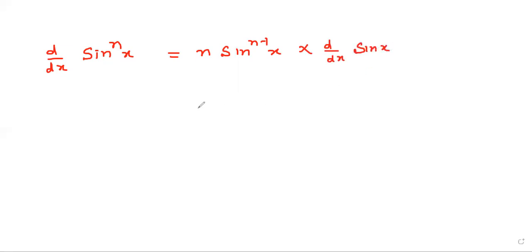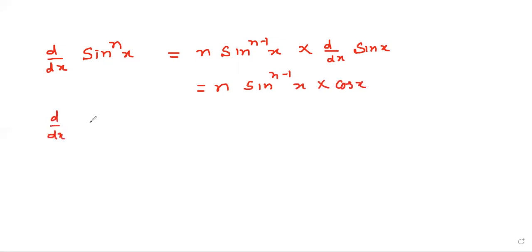Let's continue. d upon dx of sine power nx is equal to n sine n minus 1x times d upon dx of sine x. That is n sine n minus 1x times cos x.